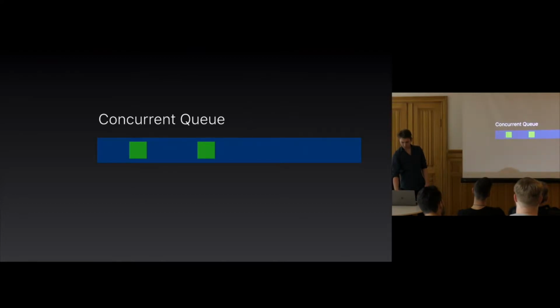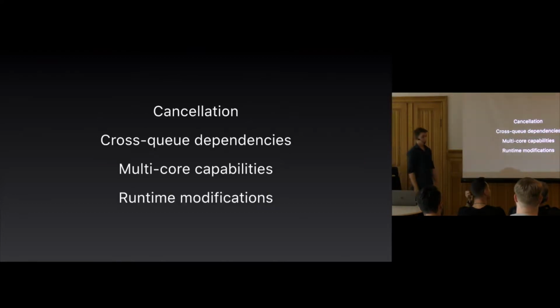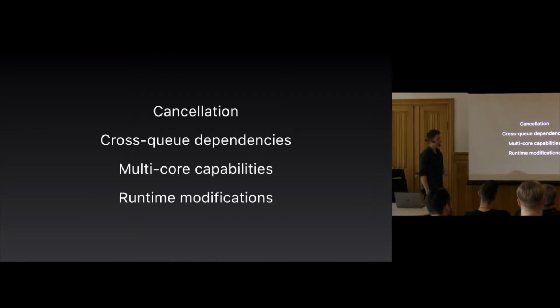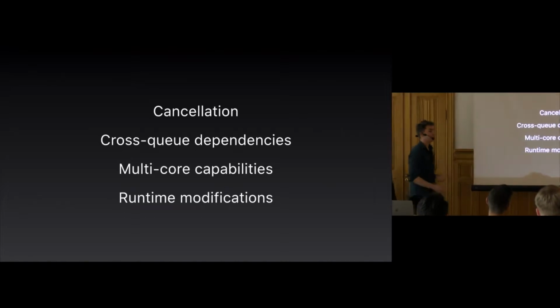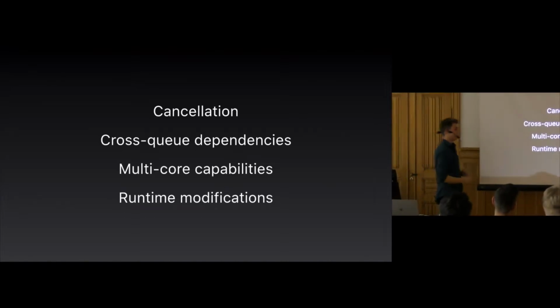Pretty cool. So NSOperation is a pretty cool API. It provides us with cancellation, which is very hard to implement with dispatch queues. It provides us with cross-queue dependencies, and we'll get a bit more into that later, but dependencies are very powerful stuff.